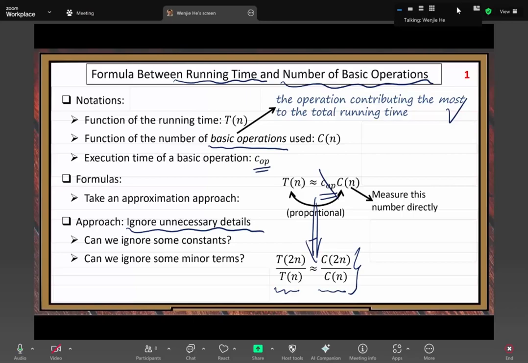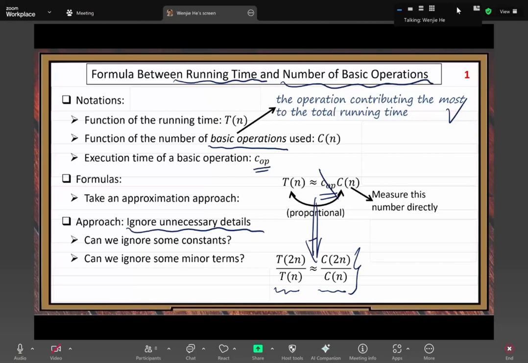Because in the numerator T of 2n, you double the data size. When you double the data size, the function number should be larger, right? The function increase should be larger. Because when you calculate a problem with larger size, in general, you need to use more time. So the function number is larger.